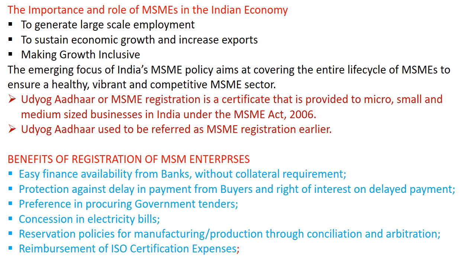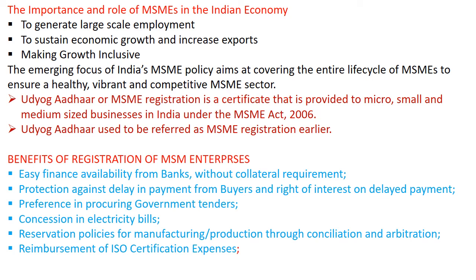Next is reservation policies for manufacturing production through conciliation and arbitration. If some issues or conflicts happen, the conciliation as well as arbitration process will be followed, and the government will take care of that. Then, reimbursement of ISO certification expenses. ISO, you already know, is a standard procedure.